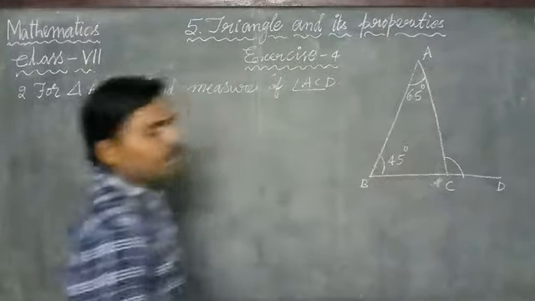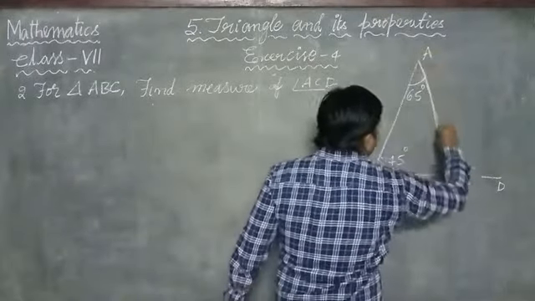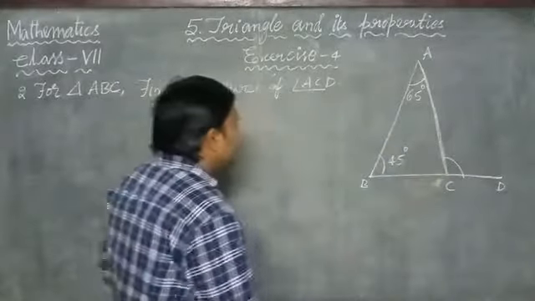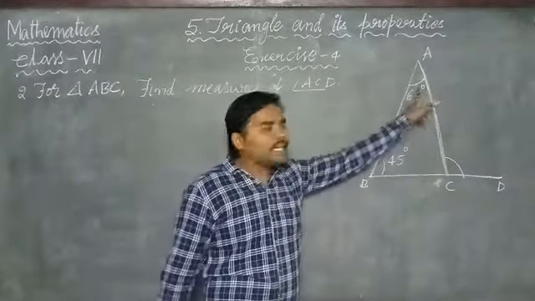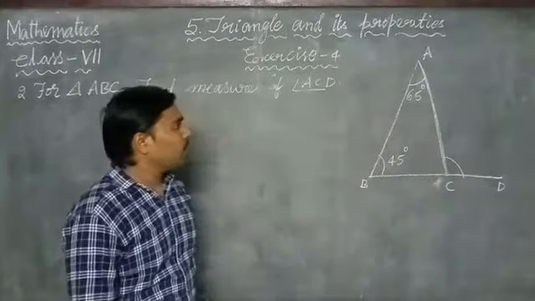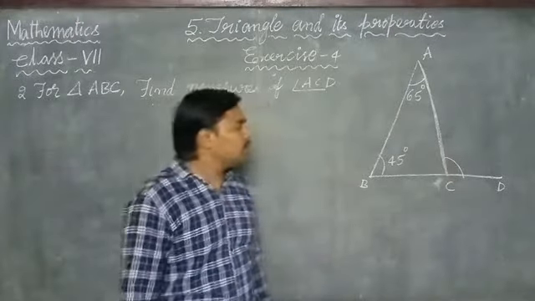Now we have to find the angle ACD. Okay, this is the angle we have to find. If you observe clearly, they have given 2 interior angles of the triangle ABC. Then we have to find the exterior angle.